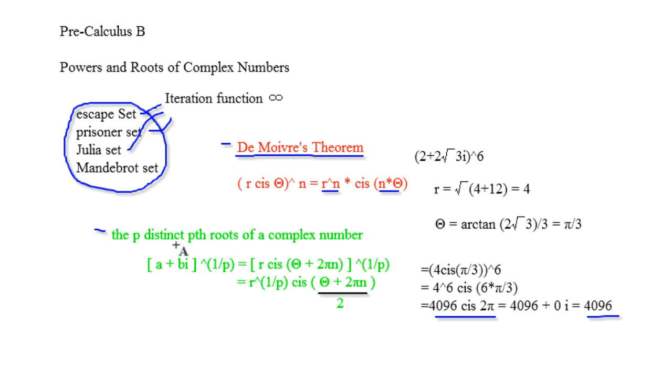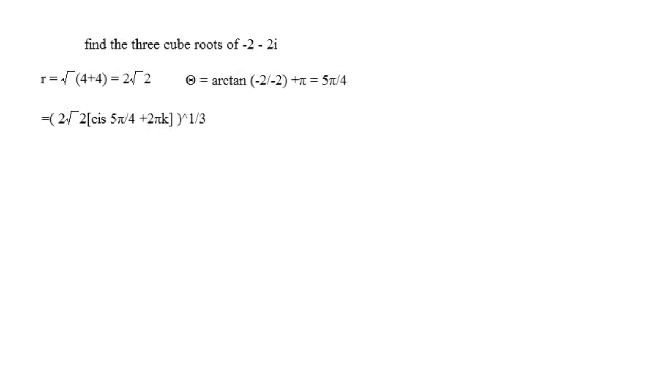The distinct pth roots of a complex number, when you raise it to the 1/3 power, you raise the modulus to the 1 over p power, and then you do CIS of theta plus 2 pi k divided by p. So let me actually change that real fast. That should be a p. Okay, so that's my bad on using the 2 on there.